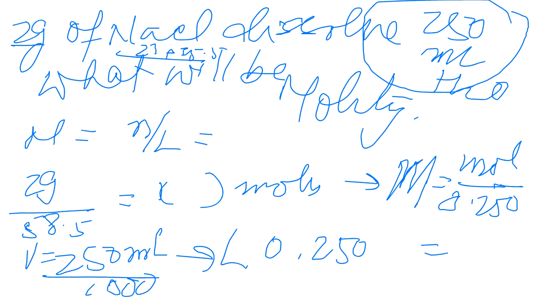Mole divided by liter of solution. So the mole you get by converting mass to mole, and the liter you get by changing milliliter to liter. Okay.